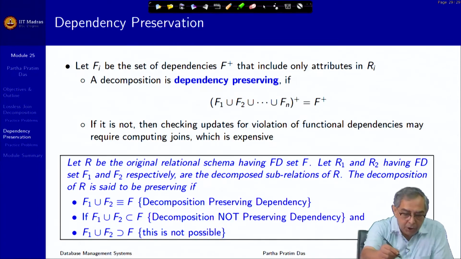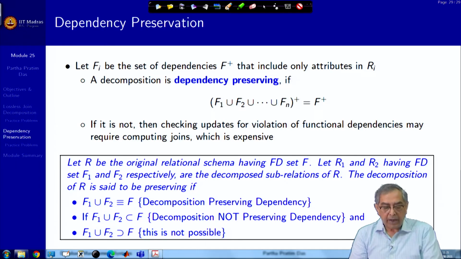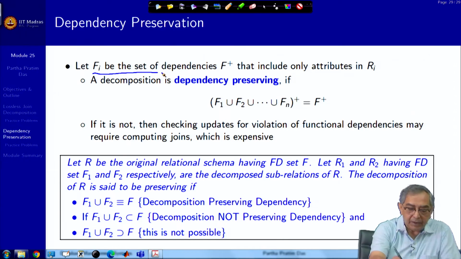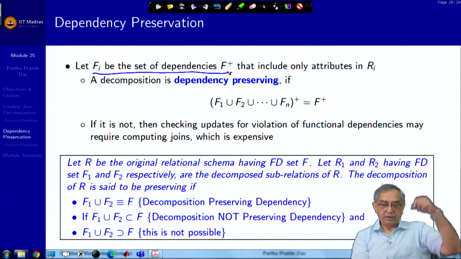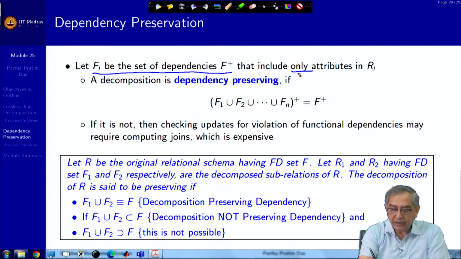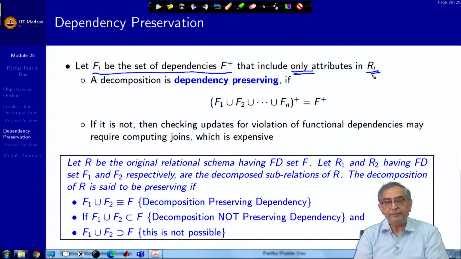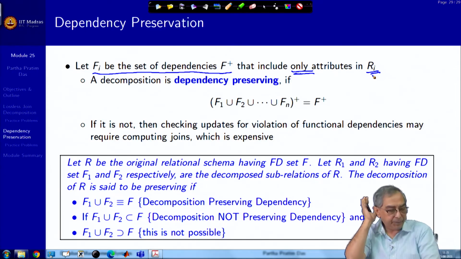Right? So, if we say that Fi is a set of dependencies in F plus, it may not be F plus, the closure. If Fi is a set of dependencies in F plus that contains only attributes in Ri. Right. So, you are just filtering out attributes in Ri.